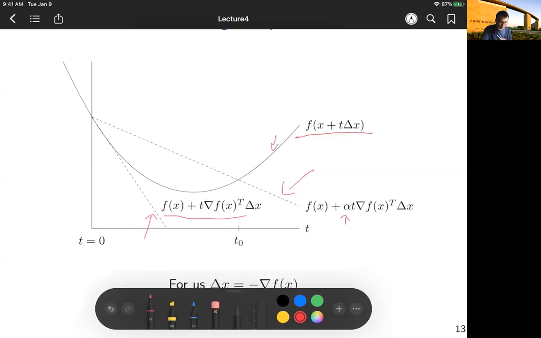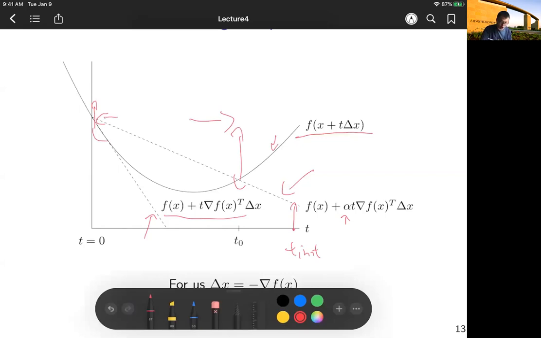In other words, we know that as we keep decreasing t, say from this location, this is our t init, right? As we keep decreasing t, we'll always end up reaching a region where the condition is true, where the sufficient descent condition is true.